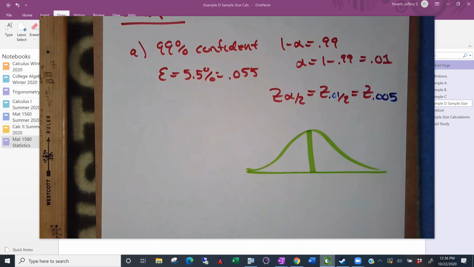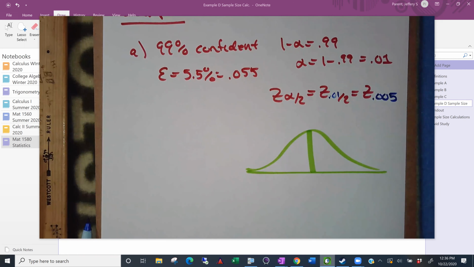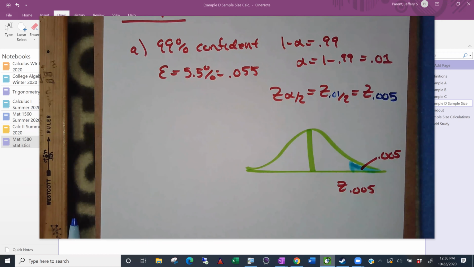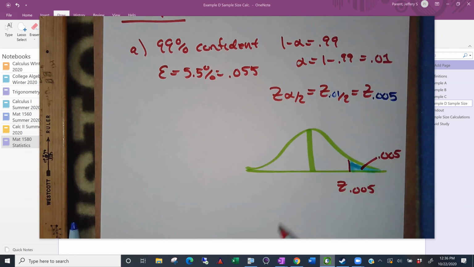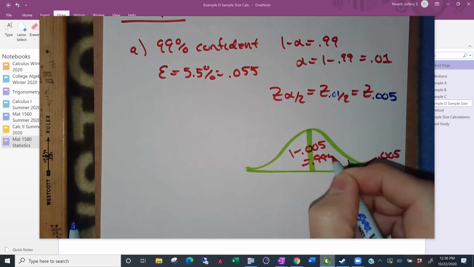What I'm looking for is the point with that much area in the right tail, just this little bit here. If that much is in the right tail, how much is the rest of the way? It'll be 1 minus 0.005, which is 0.995.